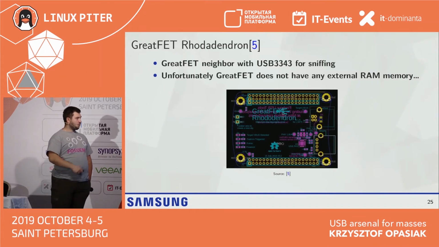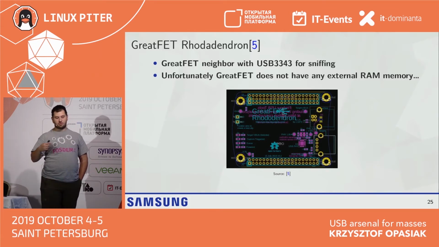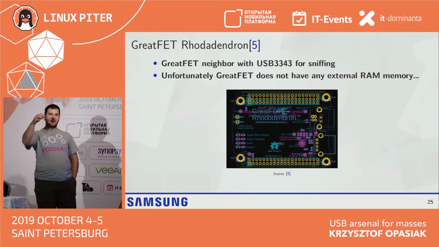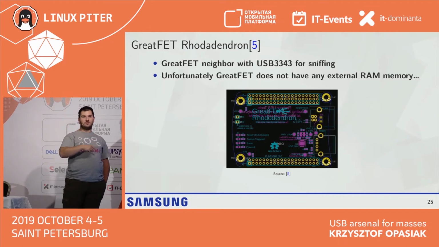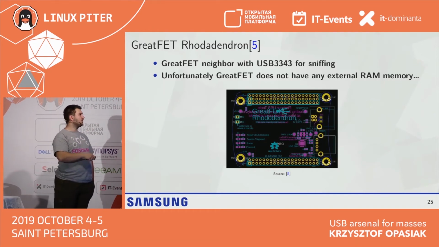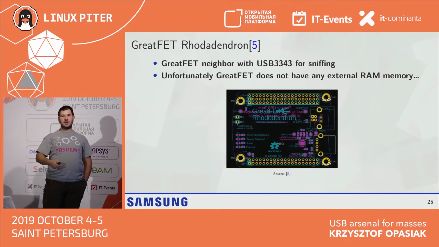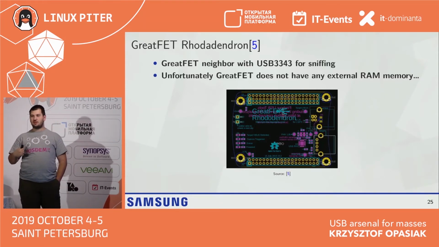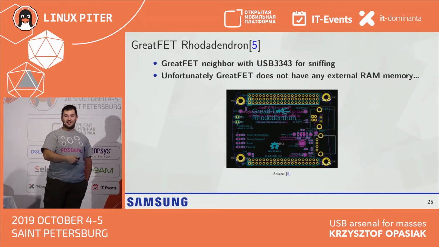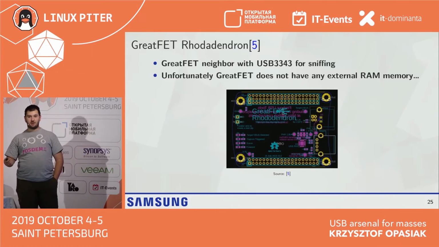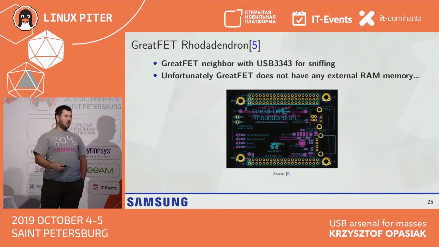An interesting project related to that board is GreatFET Rhododendron, which is basically an add-on board for the board that you have seen on the previous slide, which used pretty much the same setup as we had in OpenVizsla. So it even utilized the same USB 5 to capture the traffic. This makes your GreatFET act as a USB sniffer and allows you to capture the traffic.